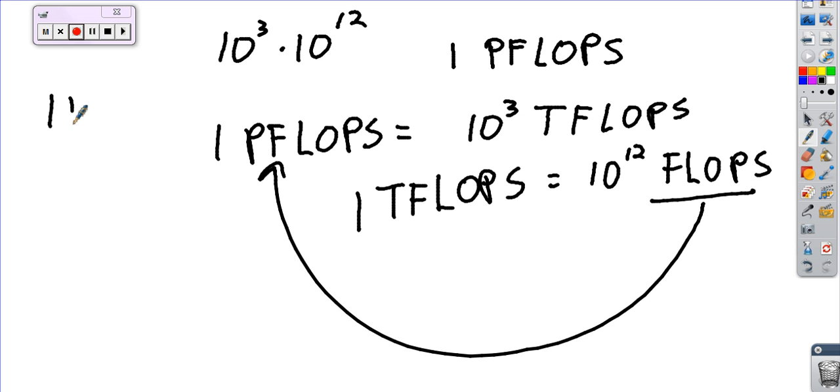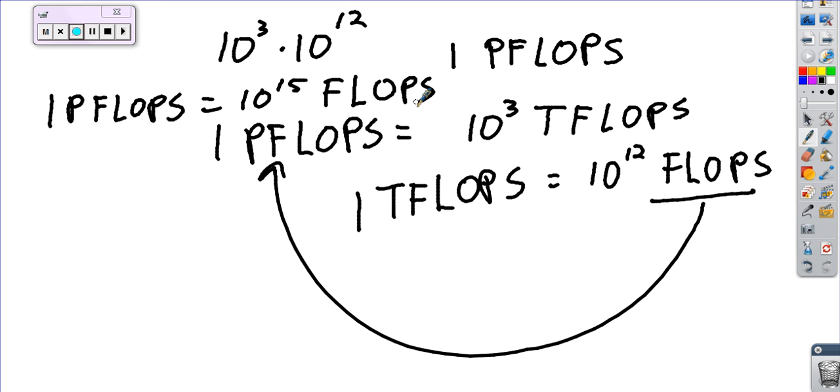So 1 petaflops equals 10 to the 15th flops. That's all it is, because all we had to do is multiply those two. It's always confusing when you read it.